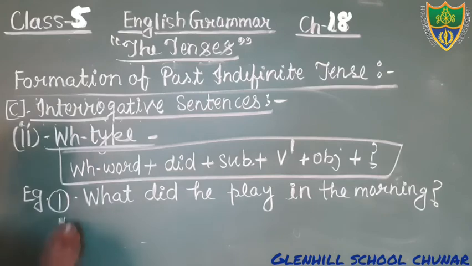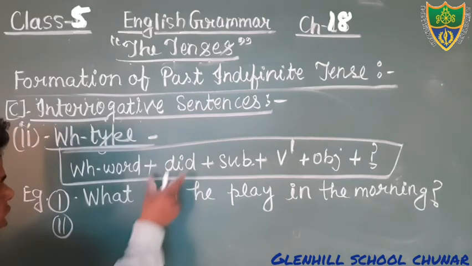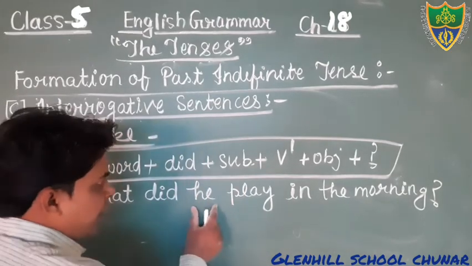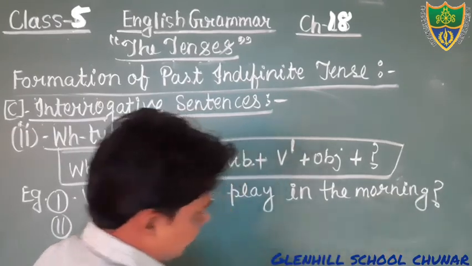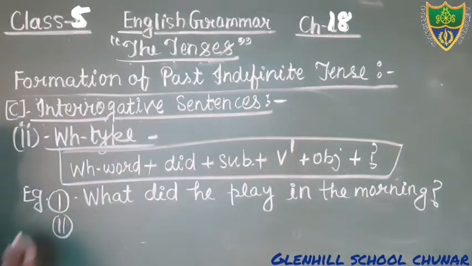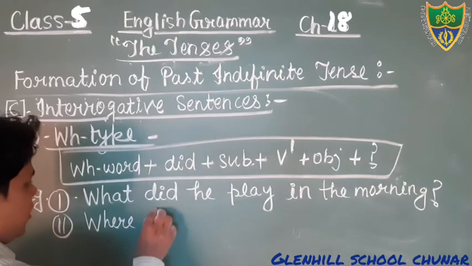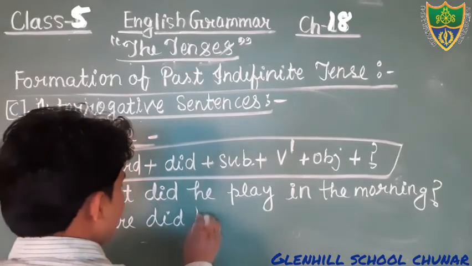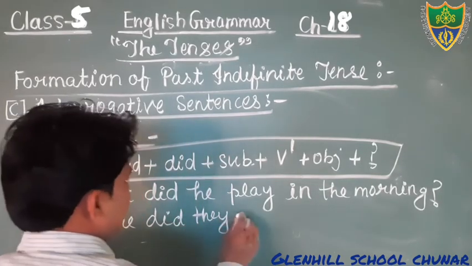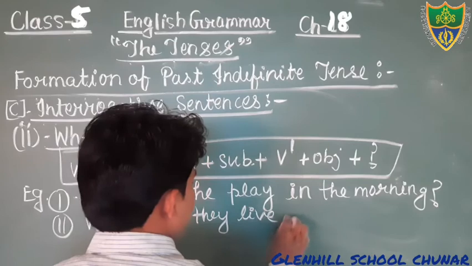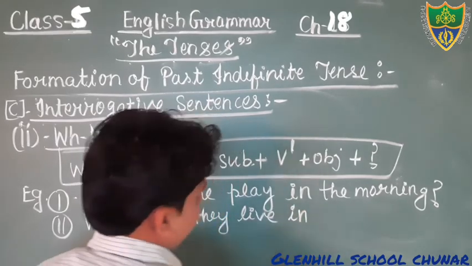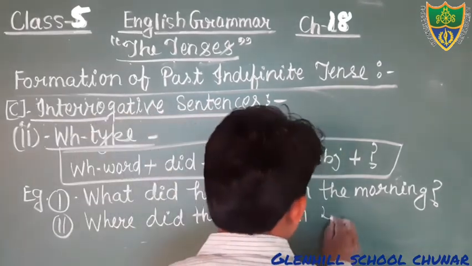Okay, one more example you can mention. You can see that is WH word, that is helping verb, that is your subject, that is your first form of the verb, that is complete. Okay, one more example. Just see, where did they live in Delhi?